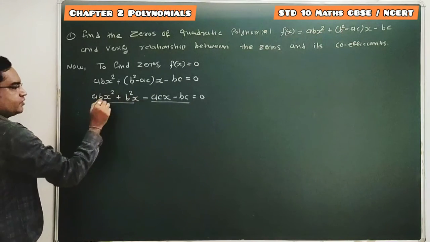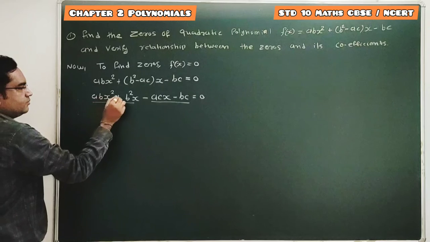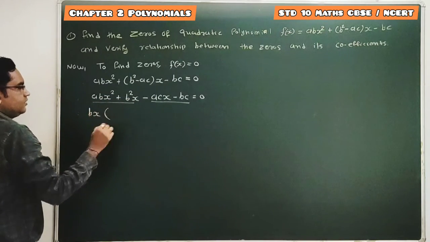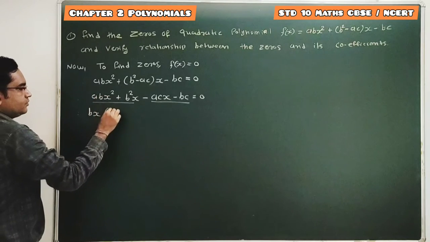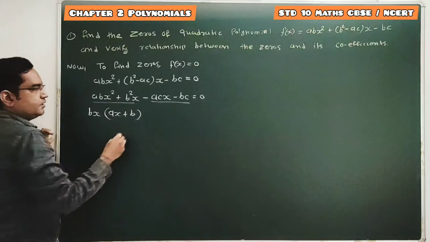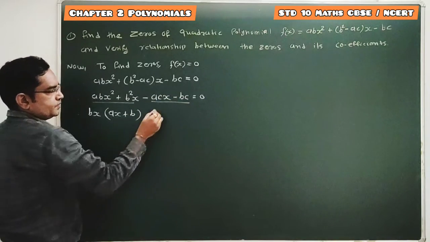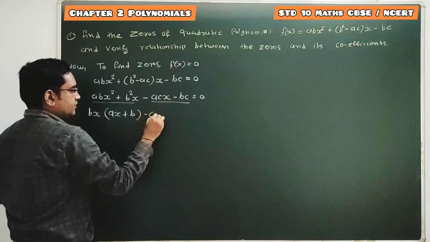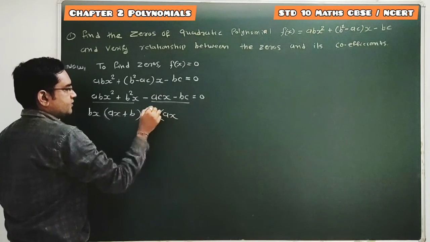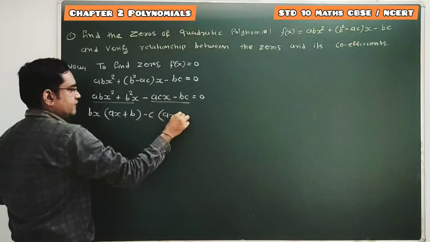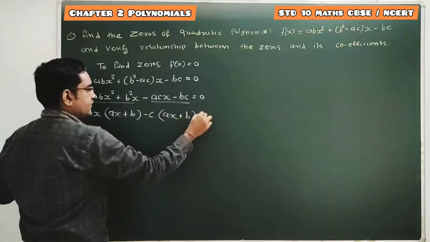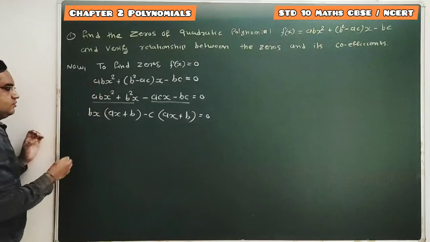From the first two terms, bx is the common term, so the remaining terms are ax plus b. From the remaining two terms, minus c is common, and as we are taking the minus sign common, the sign changes, and the remaining terms are ax plus b, equal to 0.